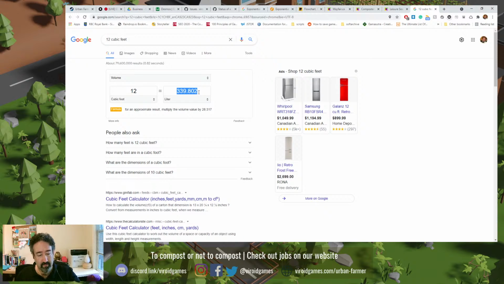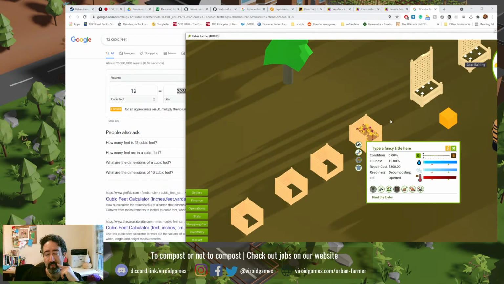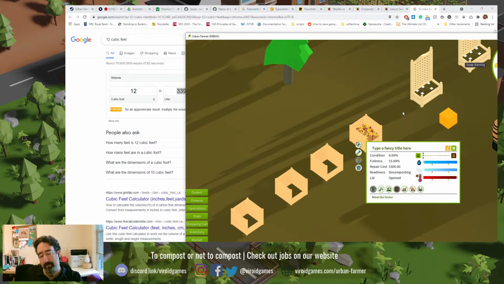New page. So this is what I'm imagining. 340 liters compost. When we add material, we'll measure it by volume.